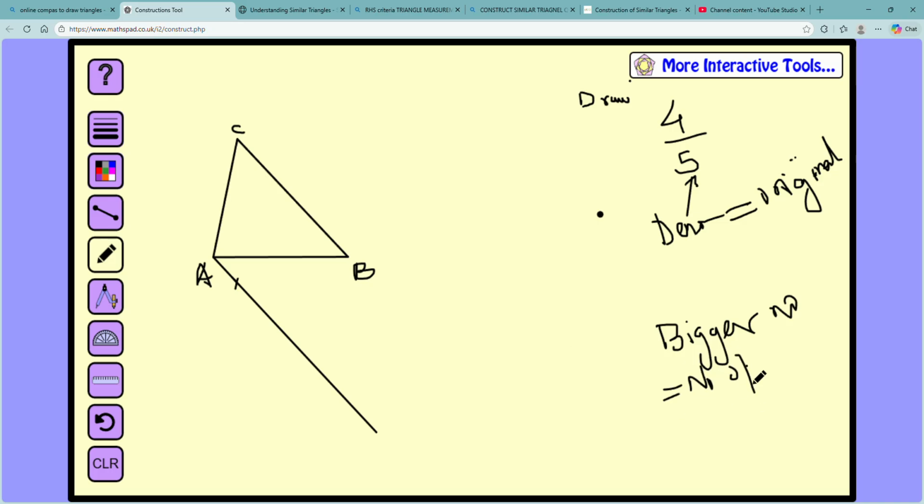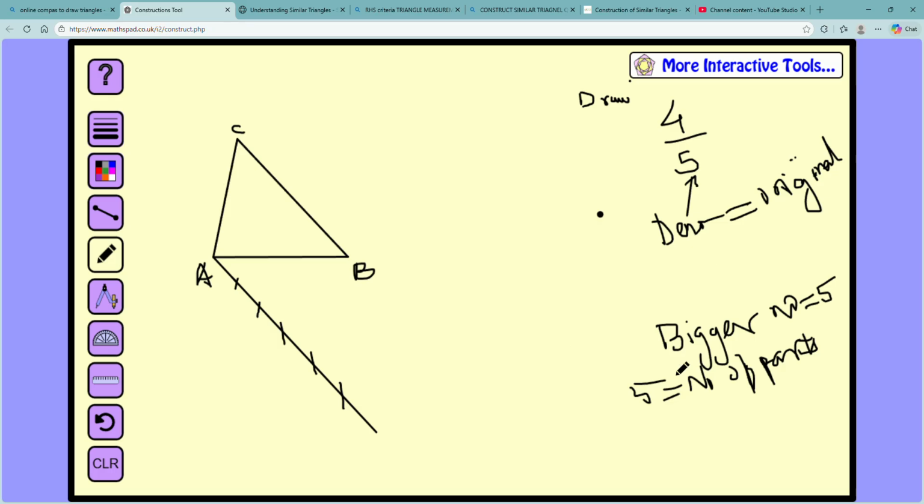The bigger number here is 5, so we have to make 5 parts with equal distances: 1 part, 2 part, 3, 4 part, and this is the 5 part.